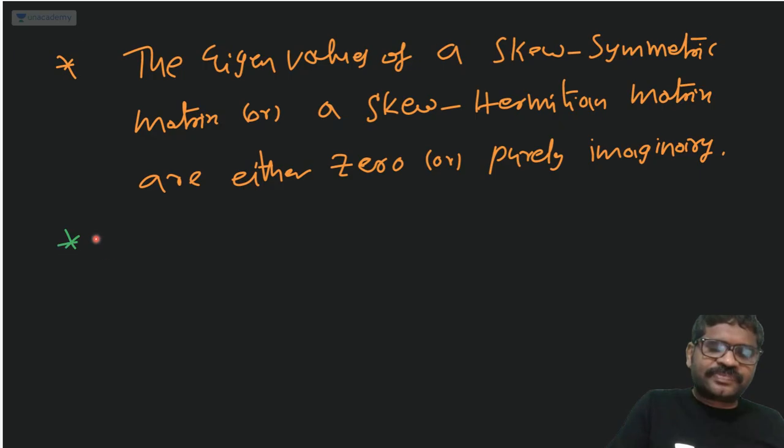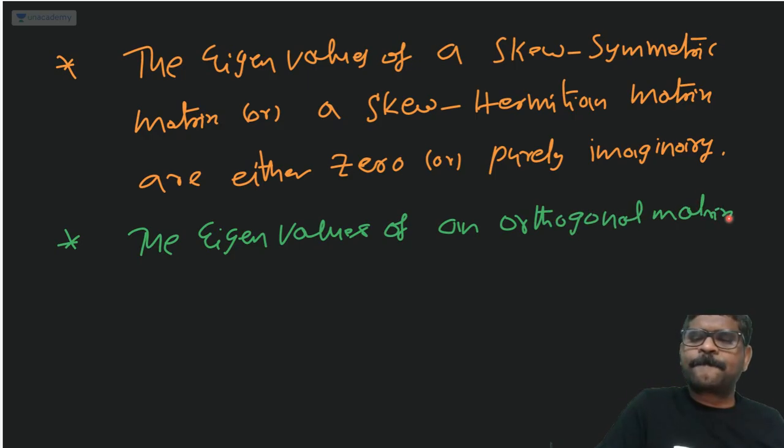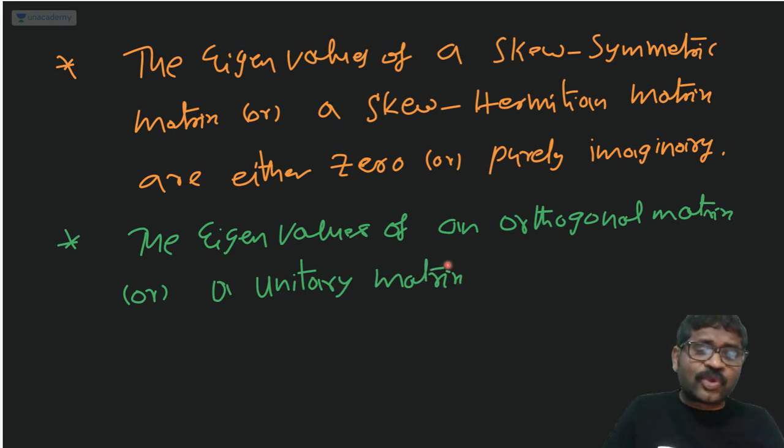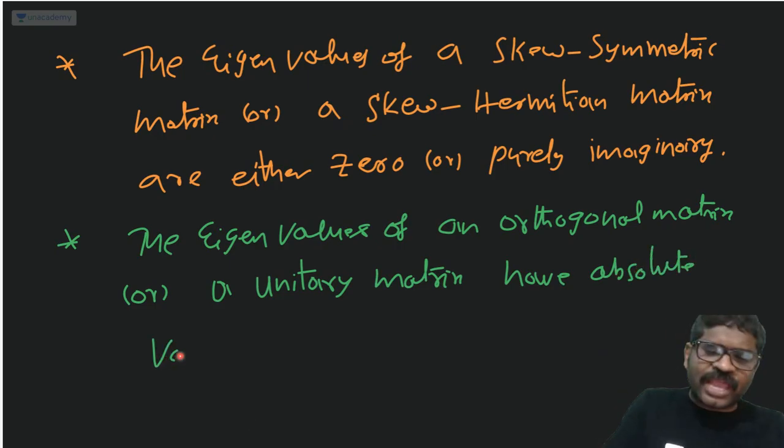Third one, the eigenvalues of an orthogonal matrix or a unitary matrix have absolute value 1.